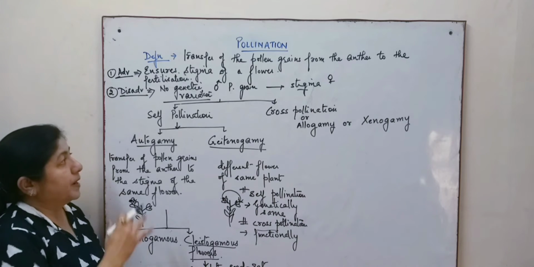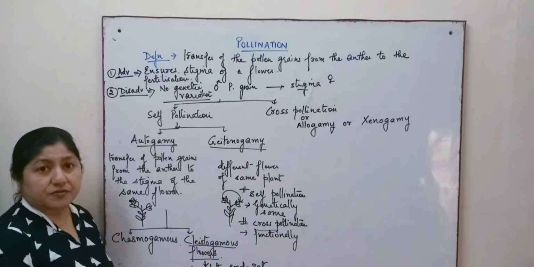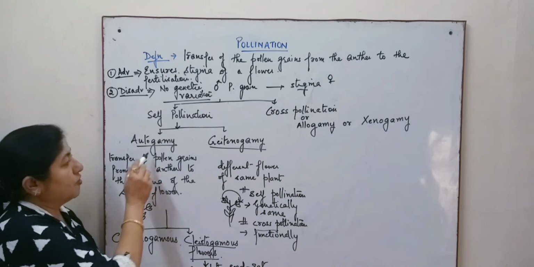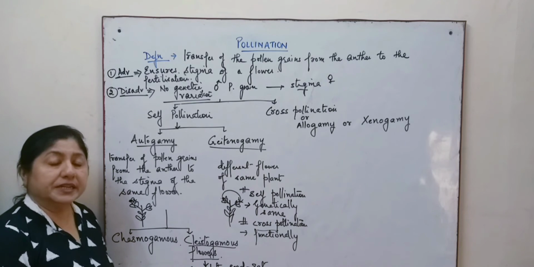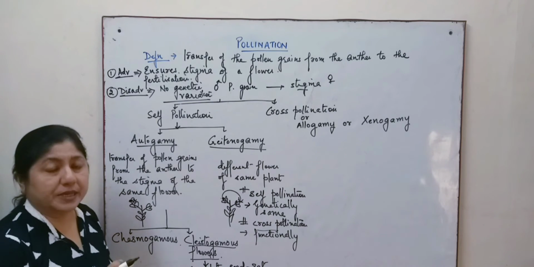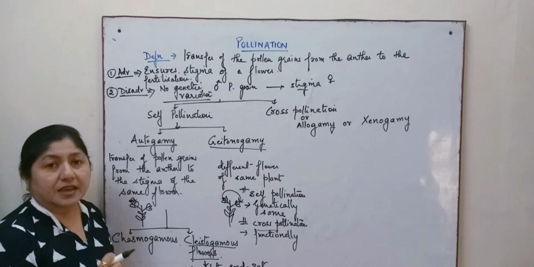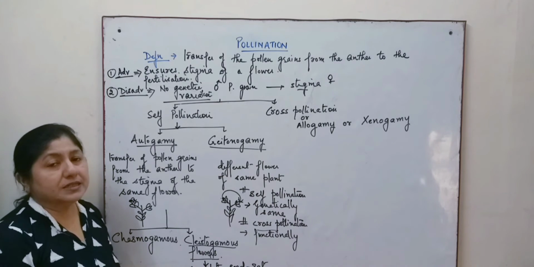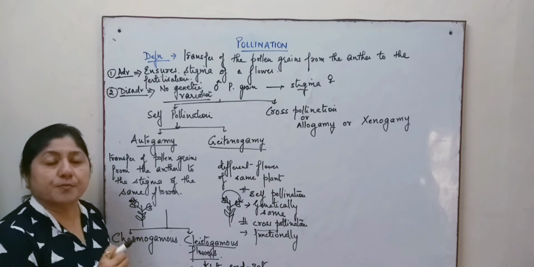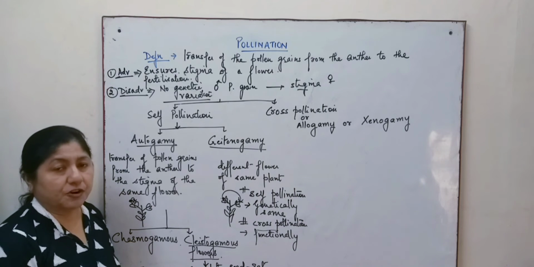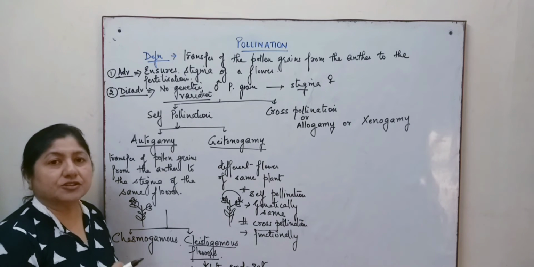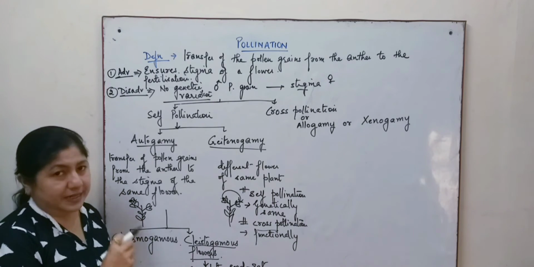Now let us talk about the conditions which favor self-pollination or autogamy. First, the plant should be a bisexual plant, having both male and female reproductive organs, so as to bring about the syngamy.